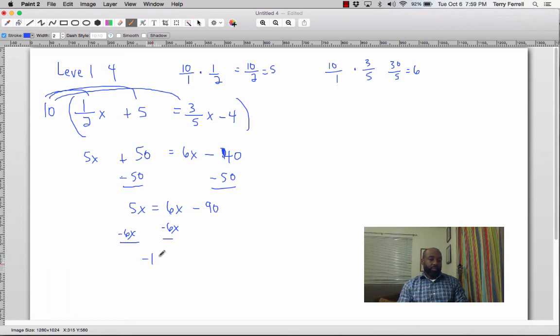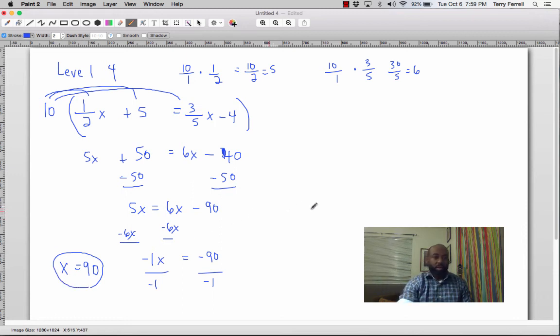So now you have negative 1x equals negative 90. Divide by negative 1. And x is equal to 90. That's it. Now it came out to a whole number, so they don't always come out to whole numbers. That's level 4.